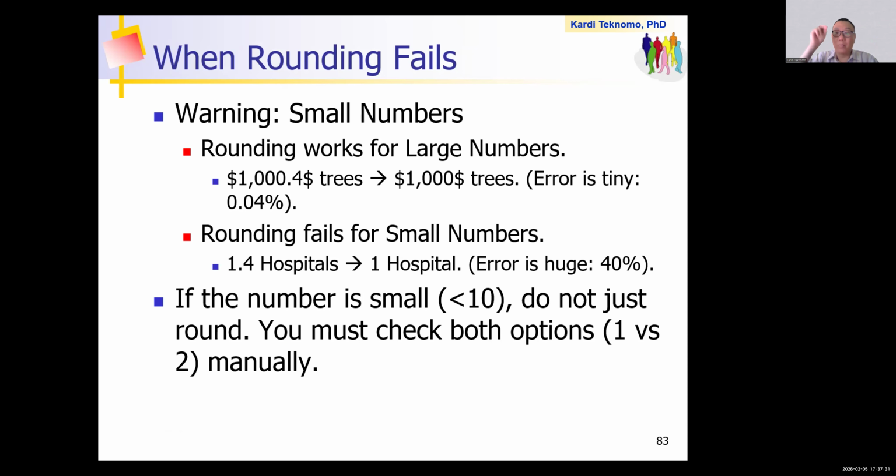So in that case, round up to 2 may be good, but it might bankrupt you, because the budget is bigger. So for a small number, you must calculate both scenario A, one hospital, or scenario B, two hospital. Then you do separately, and you check manually both options.